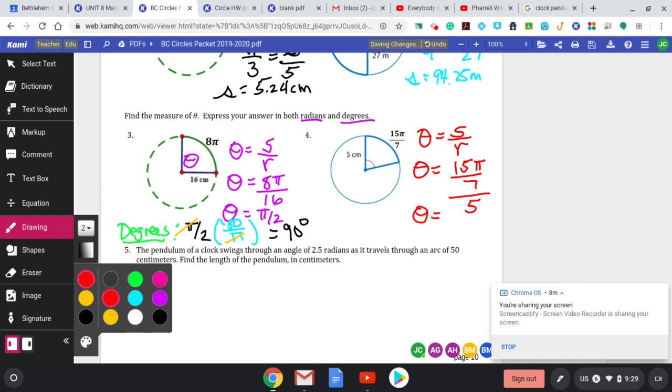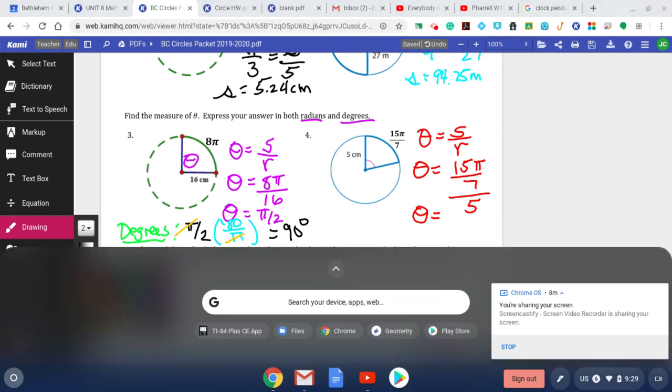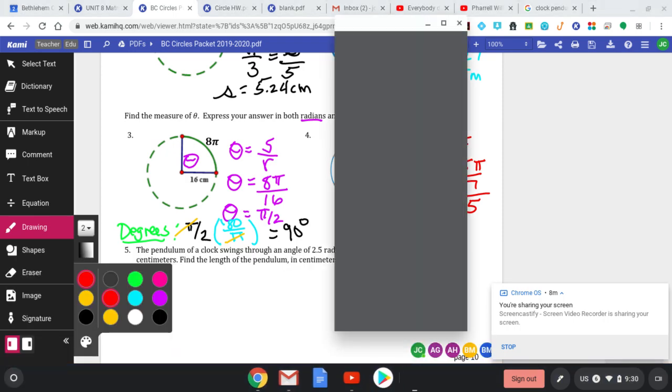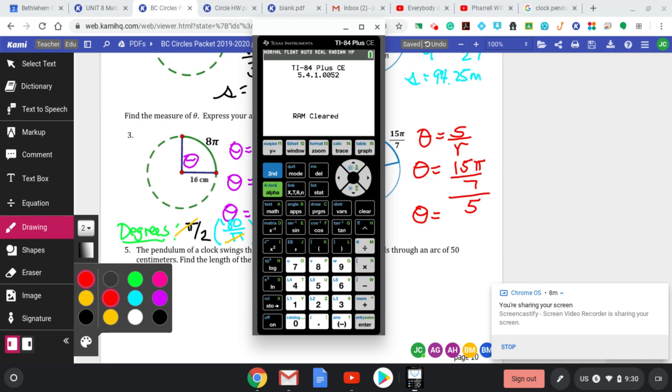So what I'm going to do here is I'm going to go to my calculator, and I'm going to get a fraction template. And in the top, I'm going to put another fraction template. I'm going to put 15 over 7 in the numerator. Denominator, I'm going to put 5. And that ends up being 3/7.